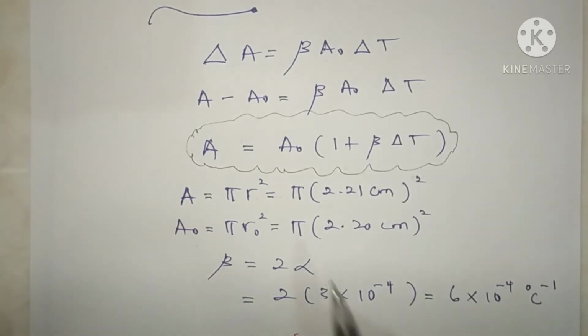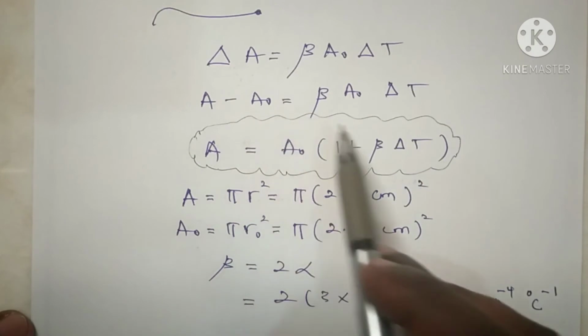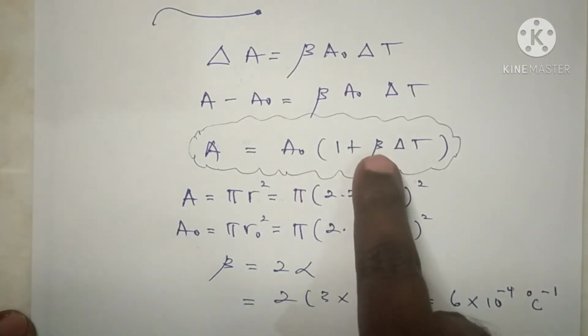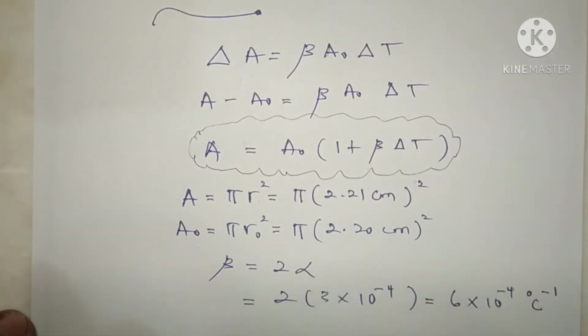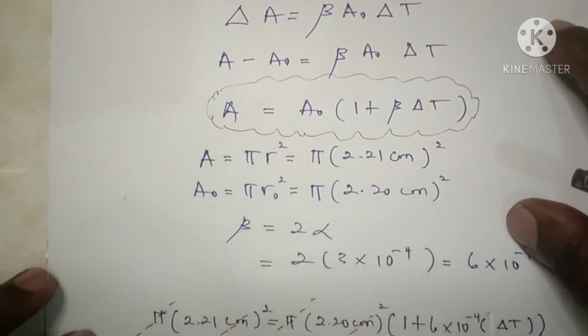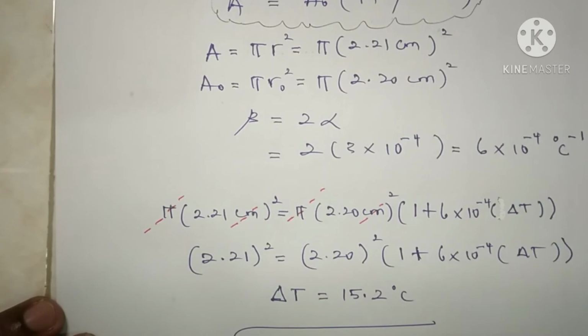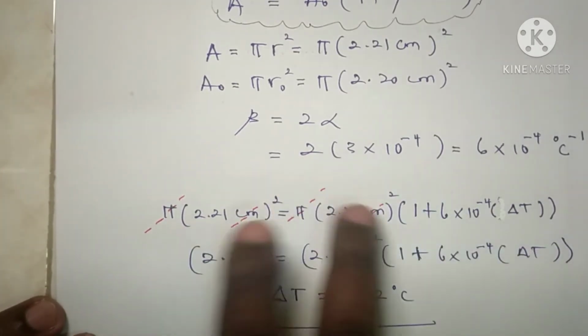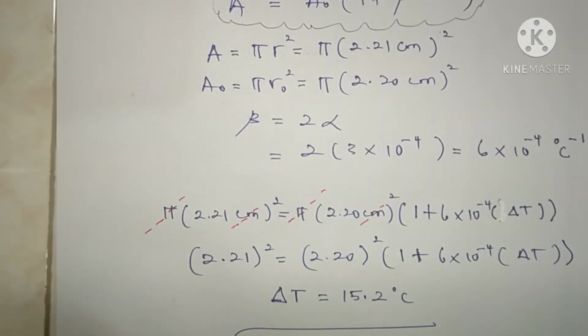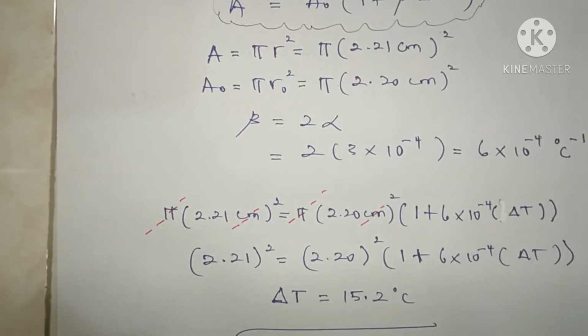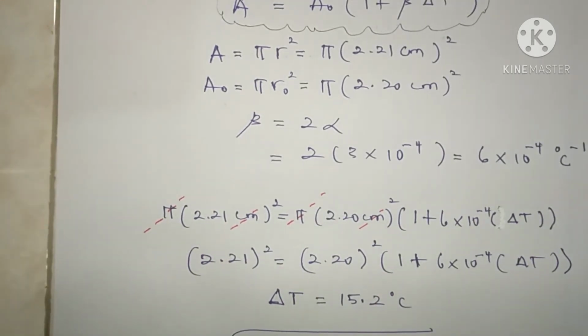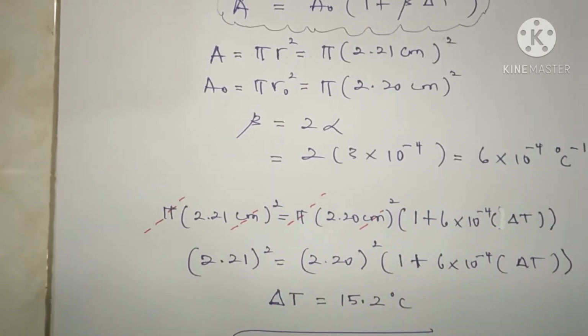You can see how I substitute all the values. You can cancel pi and centimeter on both sides, and the change in temperature is 15.2 degrees Celsius, exactly the same as what we did in option 1.